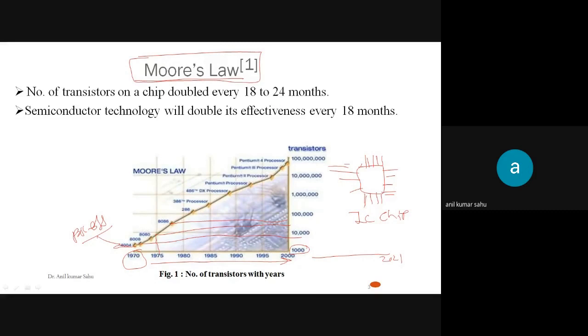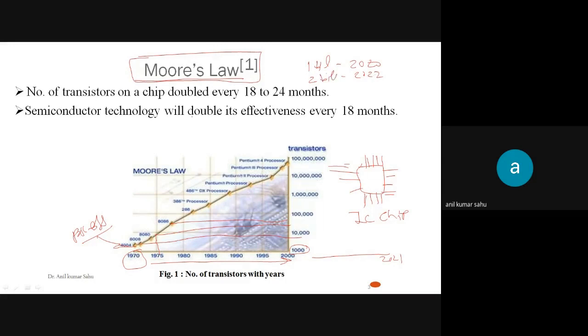What does that mean? According to Moore's law, the number of transistors on a chip doubles every 18 to 24 months. Suppose in 2020 the chip density is 1 billion. Then in 2021 or 2022, approximately 2 years later, it becomes 2 billion.